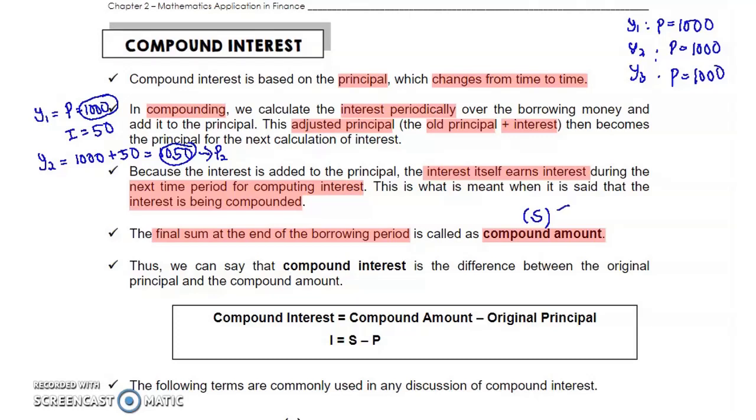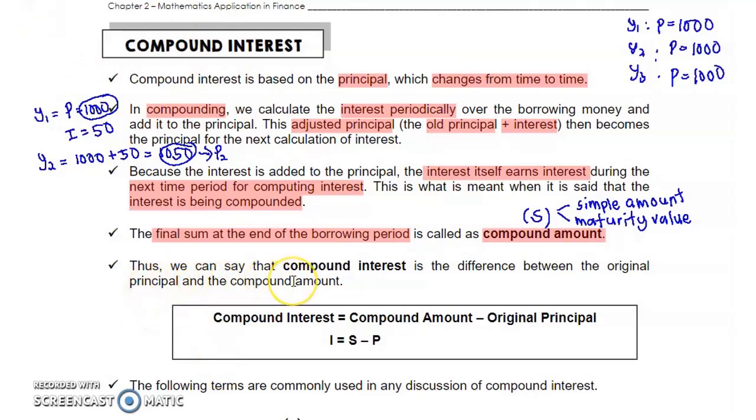The concept is still the same: the value at the end of a certain period, or accumulated value. Simple amount, or another concept for S, is maturity value. But here it is the compound amount under the concept of compound interest.